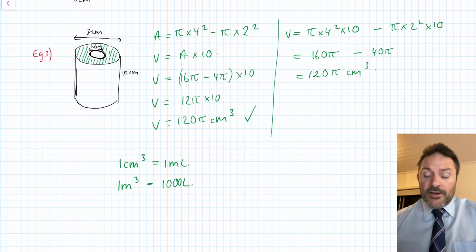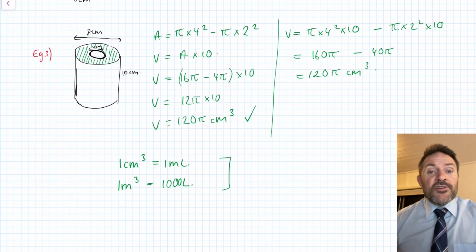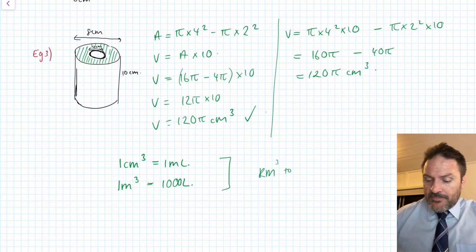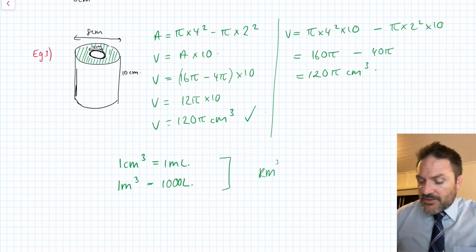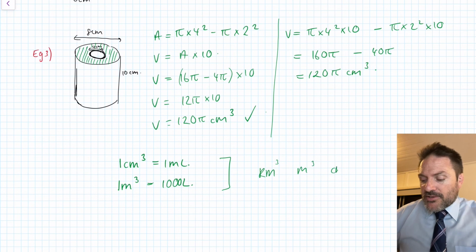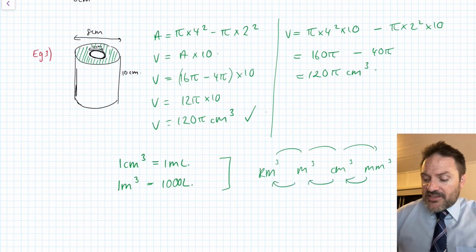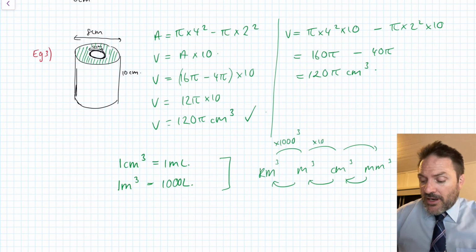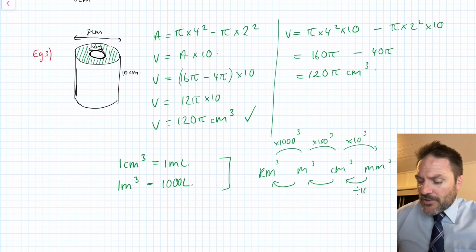The only other thing I guess would be your conversions, which we spoke about before, the kilometers cubed to meters cubed to centimeters cubed to millimeters cubed. We did this with the area and we spoke about it with the volume. It just means instead of timesing by 1,000, we're timesing by 1,000 cubed, times by 100 cubed, timesing by 10 cubed, and vice versa.